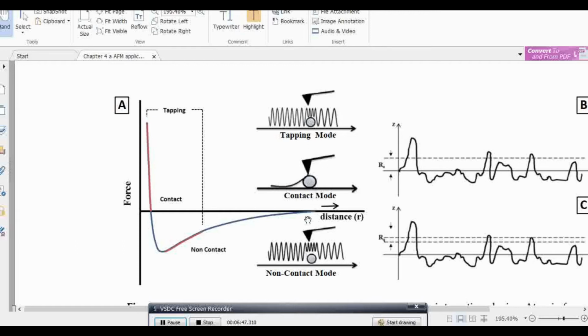By comparing these three methods, you will be able to tell which one is the best. In non-contact mode, since the cantilever is far away from the samples, you are most unlikely to damage the samples. But in contact mode, the sample will be damaged, but in tapping mode, your sample is also still safe. So those are the three modes that can be explained in the AFM system.